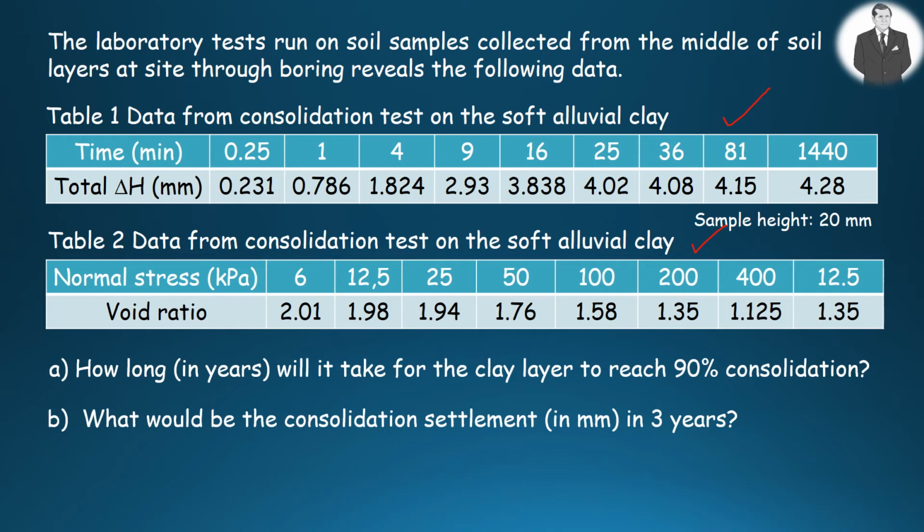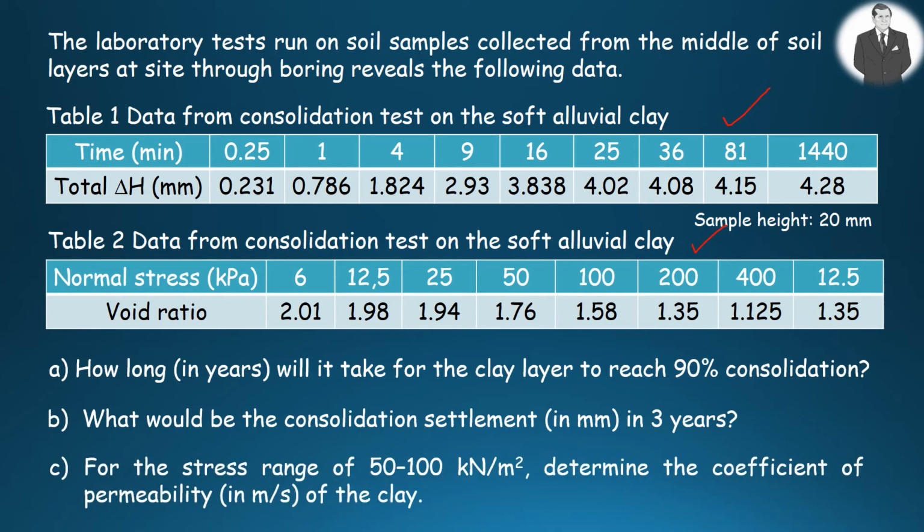And B, what would be the consolidation settlement in 3 years? And finally, for the stress range of 50 and 100 kilonewton per square meter, determine the coefficient of permeability of the clay layer.